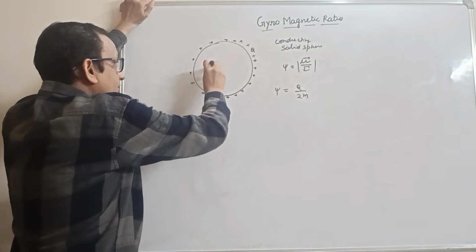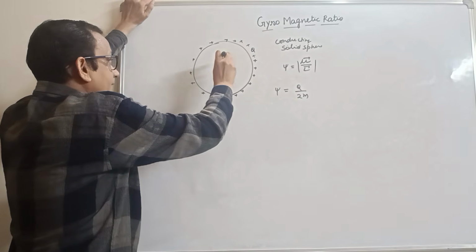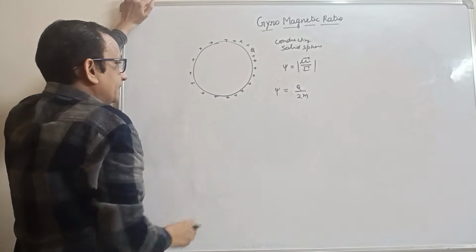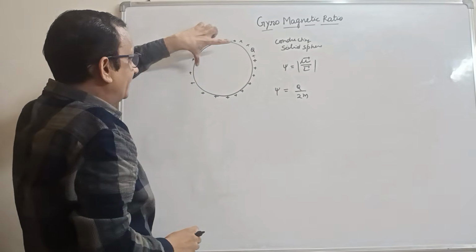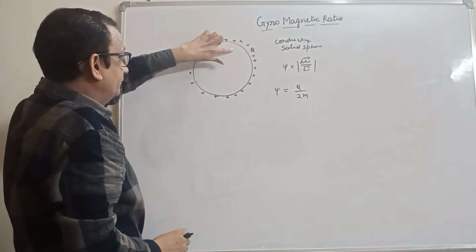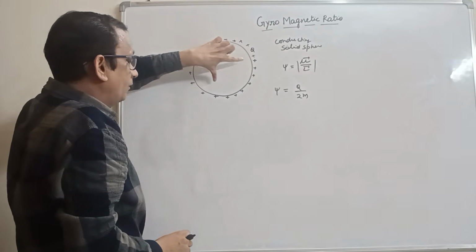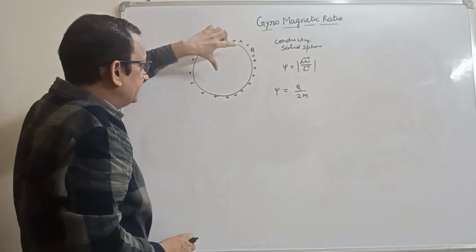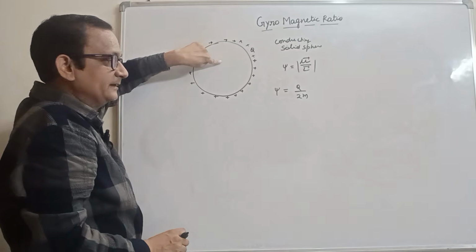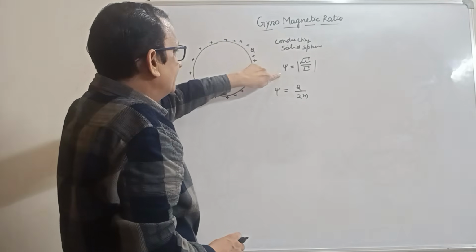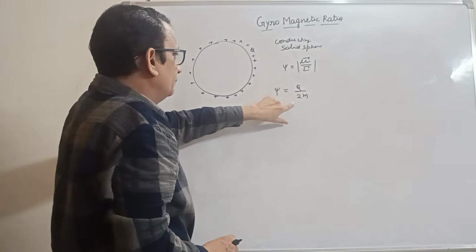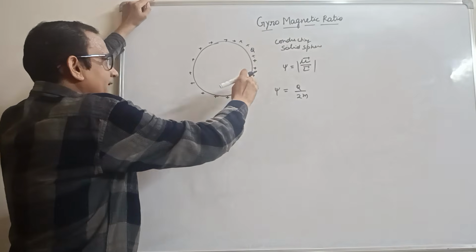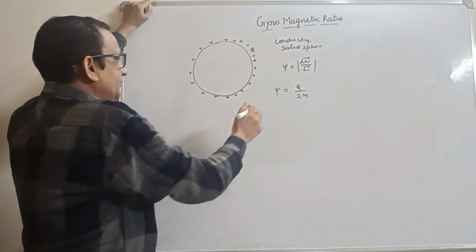Charge does not reside inside the solid sphere, but the mass of the sphere resides in the whole volume. So the charge density is not proportional to the mass density, and the gyromagnetic ratio would not be Q by 2m. So we have to calculate what the gyromagnetic ratio would be in that situation.